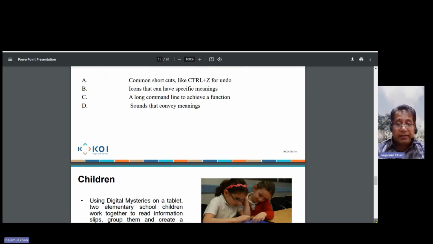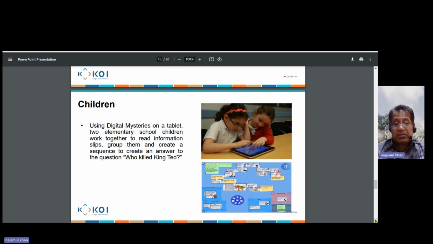All right. Okay. Now, children users, guys. This is also important. We have got millions of children all over the world, and these days, children are also using all kinds of devices, including mobile phones, laptops, computers, and iPads, as you can see in this picture.